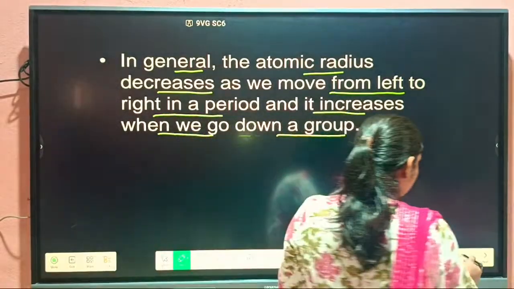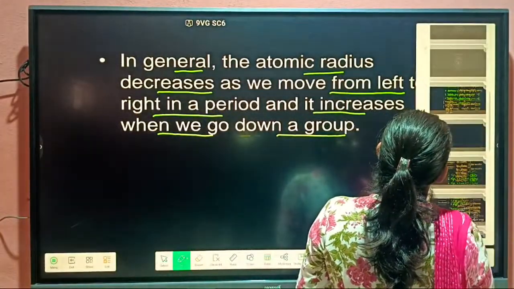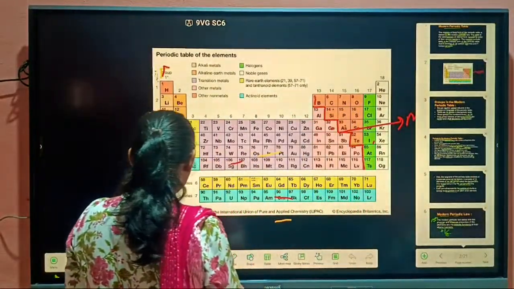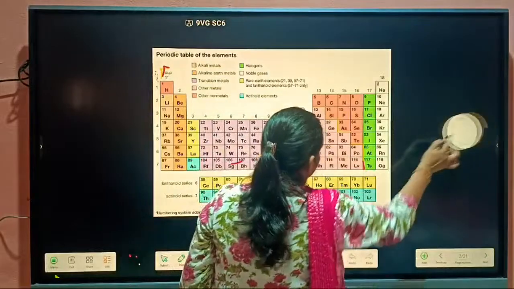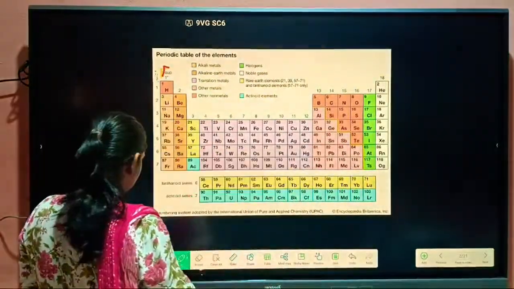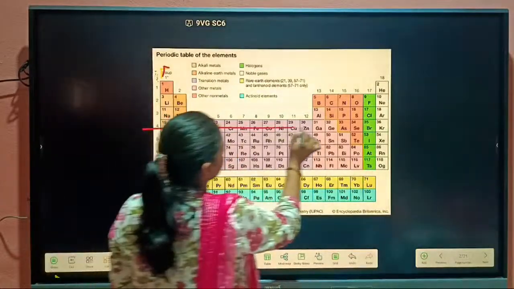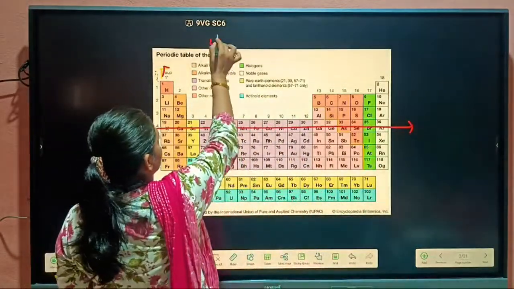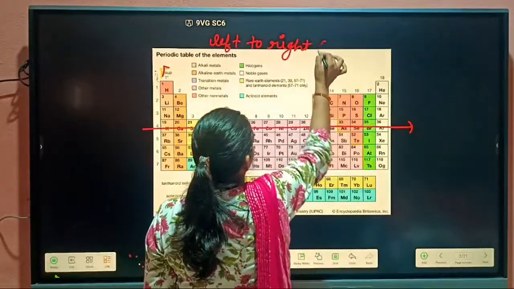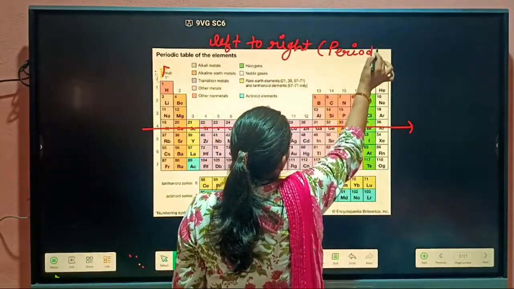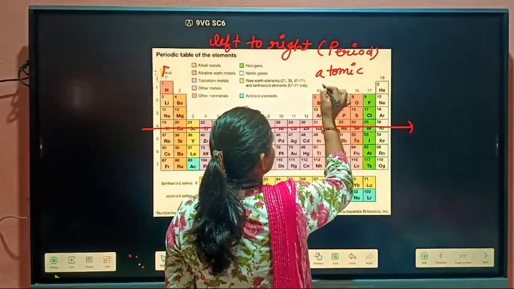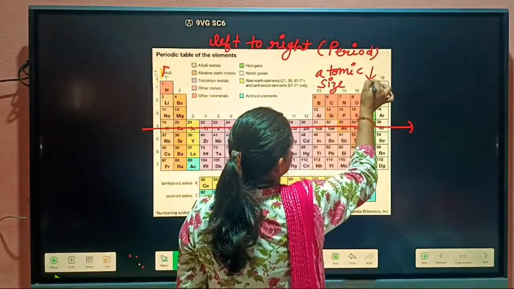Generally, if we move left to right, that means if we move in a period, then the atomic radius, or we can say atomic size, decreases.